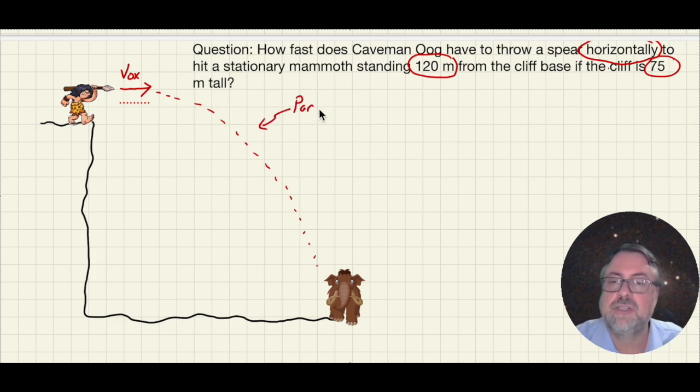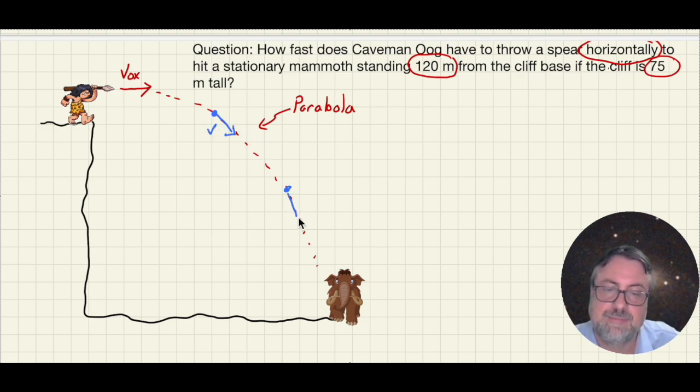The motion of the spear is going to trace out this parabola. As the spear travels, the direction of the velocity is always tangent to the path. It's going to be getting larger as the spear travels.